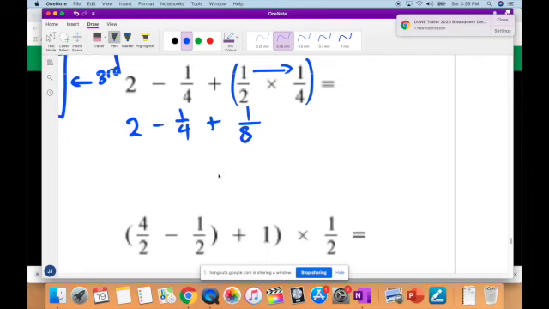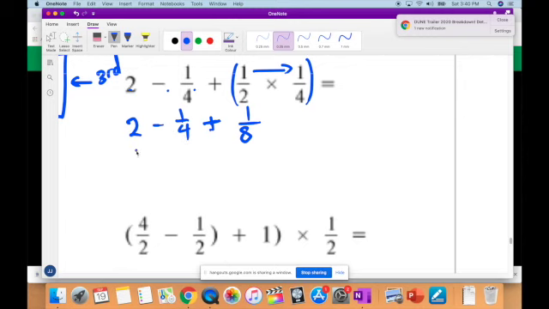Multiply. Look at what I have here: 2 minus a quarter plus what was in the bracket, which is 1/8. Alright, so that's what I have. What now? Yeah, quarter is equal to 2 over 8. So you're going to add the quarter to the 8 now, right?